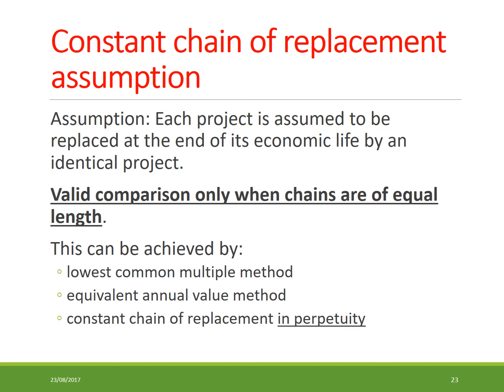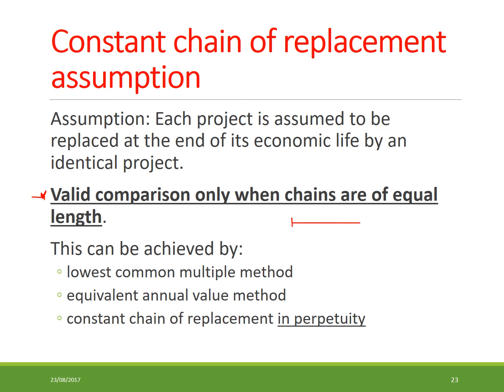So the idea here, in terms of comparing projects with different lives, is that we're going to assume that projects are to be replaced at the end of their economic life with an identical project, yeah? As we mentioned before, we can only make a comparison if the 2 chains are of equal length, yeah?